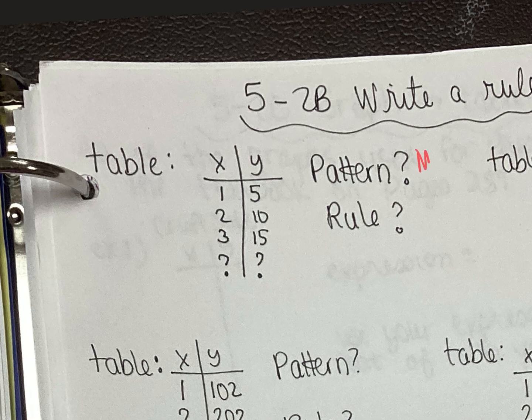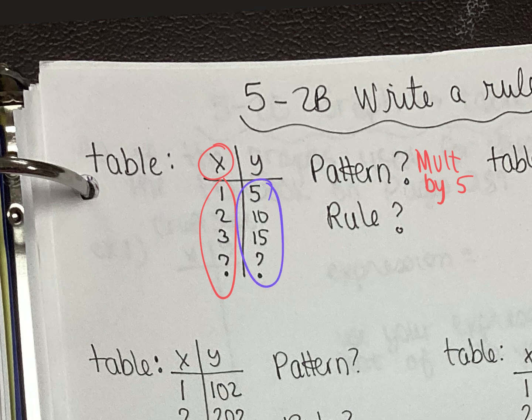The pattern is we are multiplying by 5. So if I'm multiplying by 5, I'm taking whatever x is, all of the numbers in this first column, and multiplying by 5 to get all of the numbers in the second column.